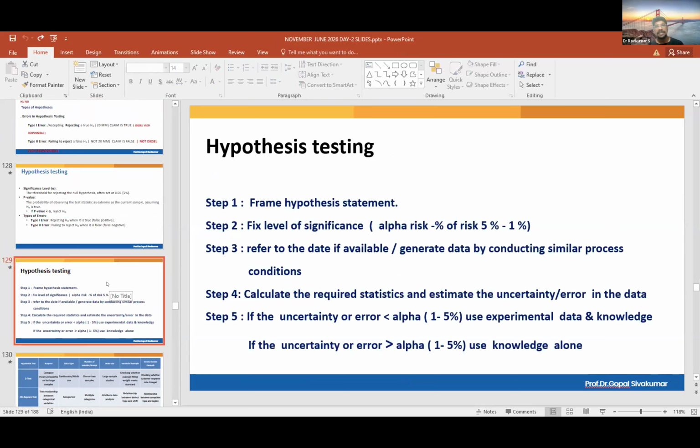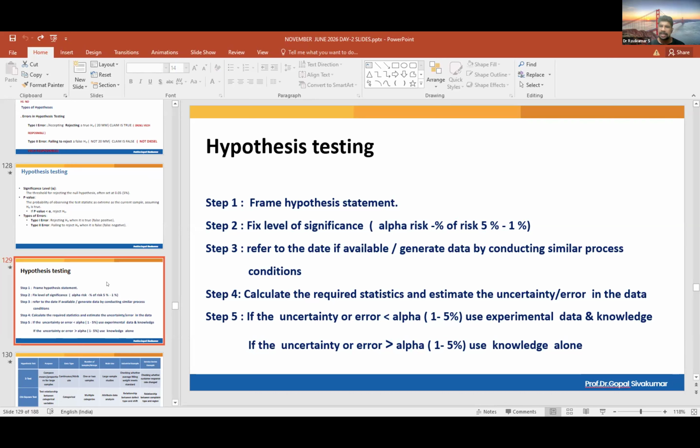Second step, fix the level of significance. What is this level of significance? This level of significance is the percentage of error which we are ready to accept. What does it mean? Actually, the doctor is going to collect the data from the laboratory.